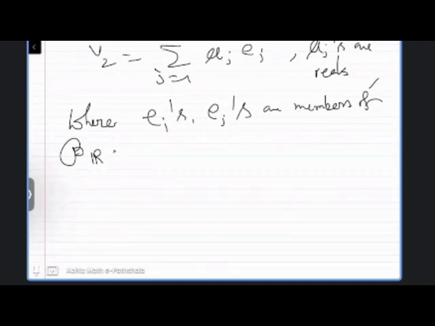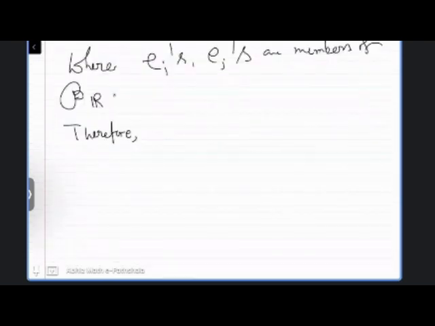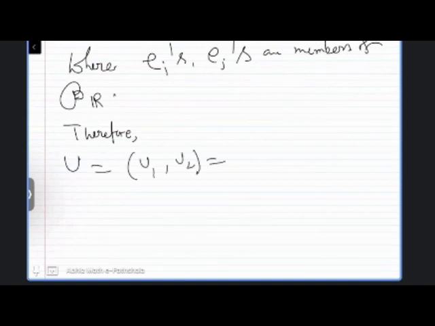Therefore, v is (v1, v2), which is (v1, 0) plus (0, v2).